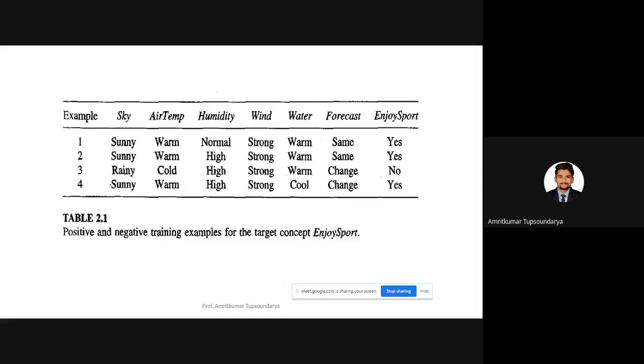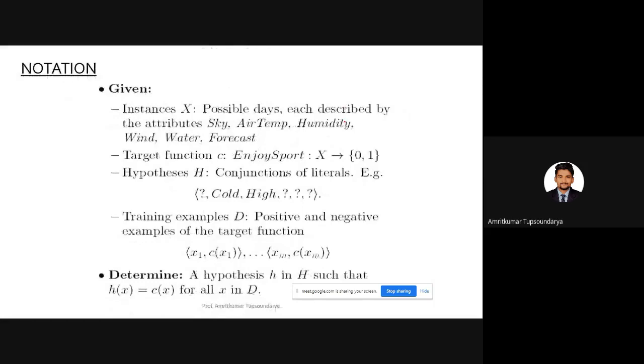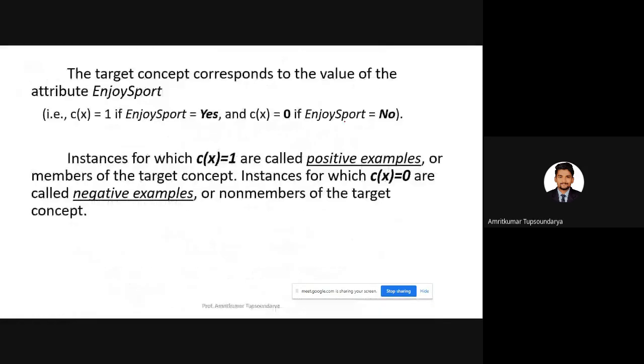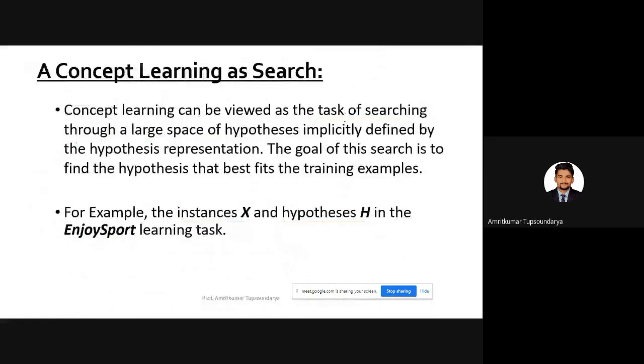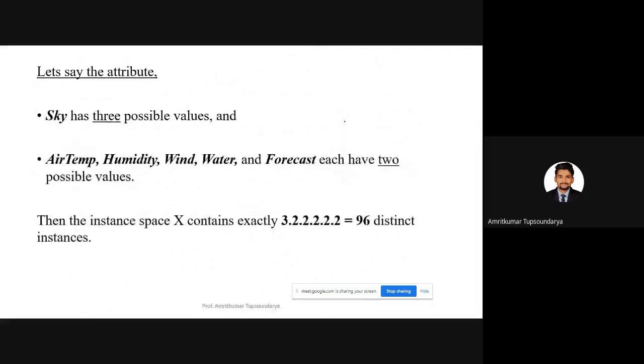The attributes are sky, air temperature, humidity, wind, water, forecast, and ultimately the target function, which is EnjoySport. Let us assume that the attribute sky has three possible values, and air temperature, humidity, wind, water, as well as forecast, all have two possible values.